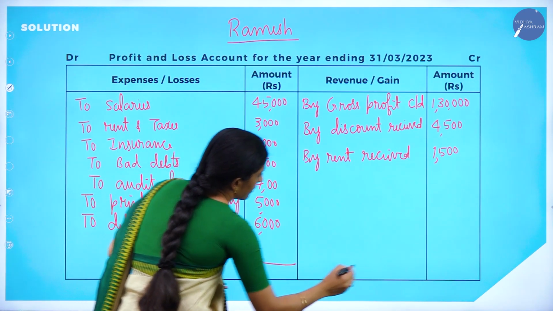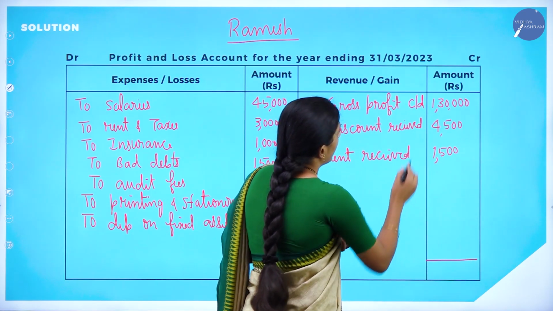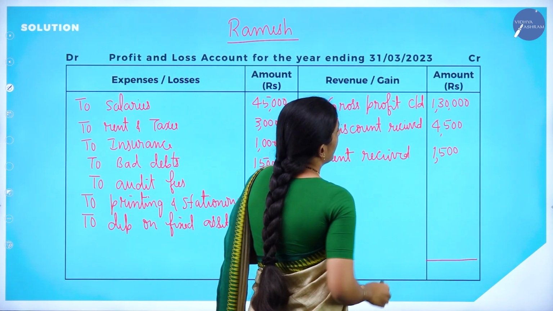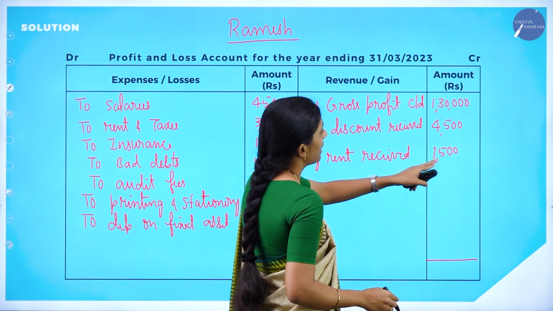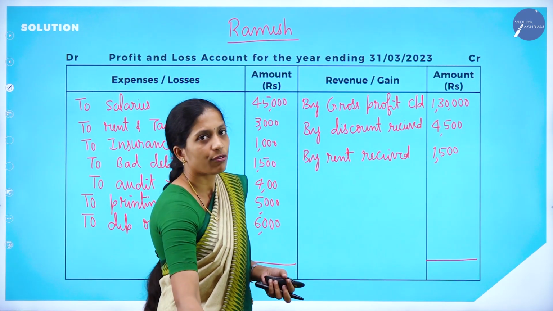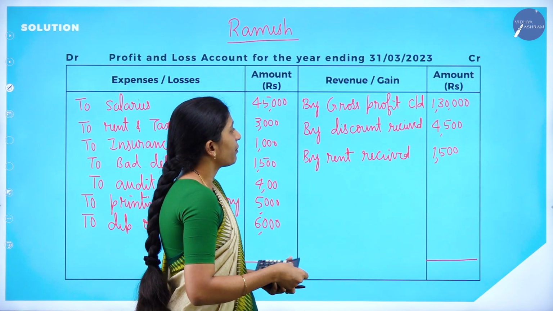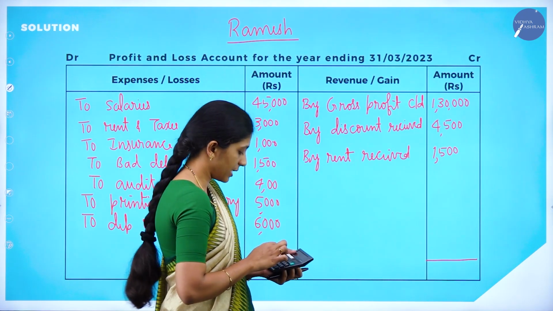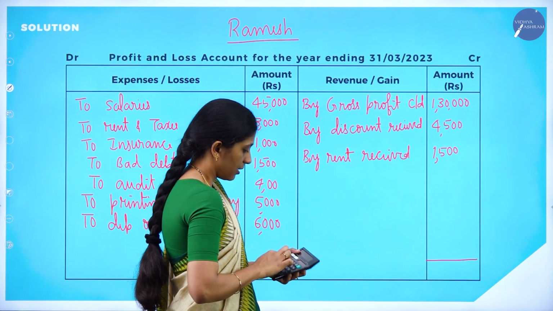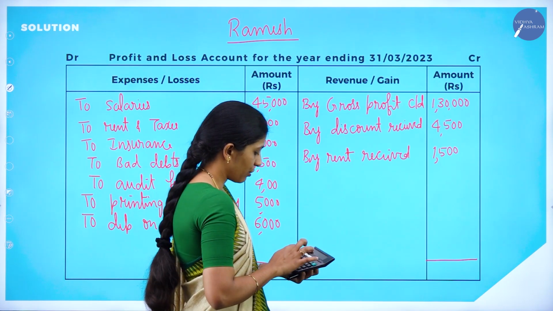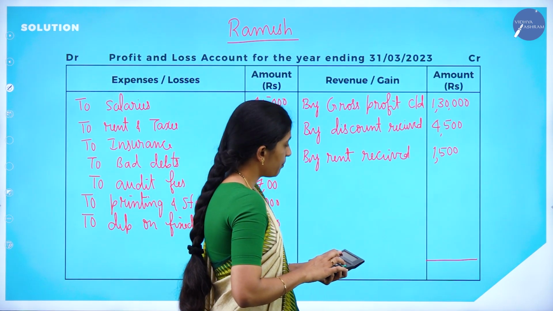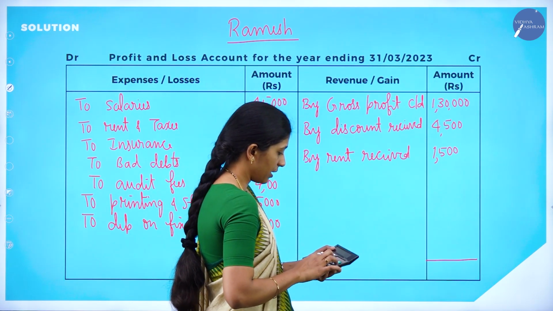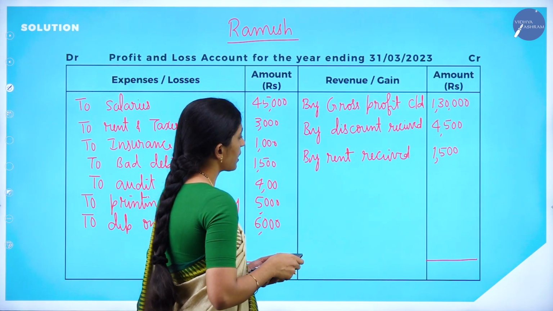Now we have to balance. So how to balance? 1,30,000, here 1,34,500 plus 1,500. 1,30,000 plus 4,500 plus 1,500, so it is 1,36,000.